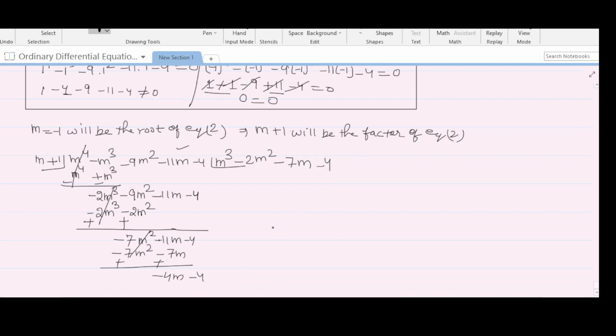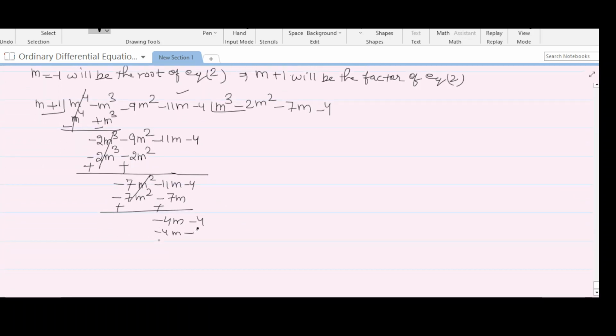We have to multiply it by minus 4. We get minus 4m minus 4, right? So here you can see the remainder is 0, and I have told you earlier that if m plus 1 is a factor of this particular equation, then there will always be remainder 0.